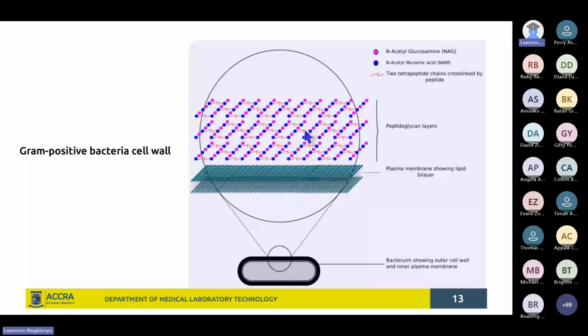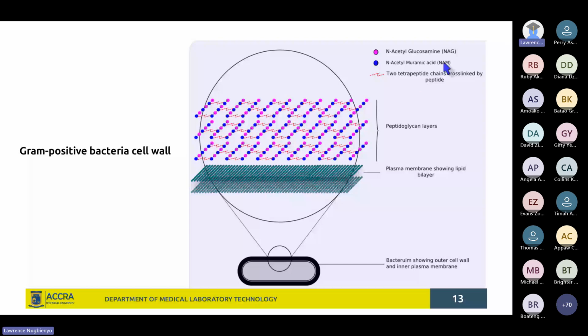So in this structure, we have a key up here: the violet spheres or violet circles are N-acetylglucosamine residues, and the blue circles are N-acetylmuramic acid residues.